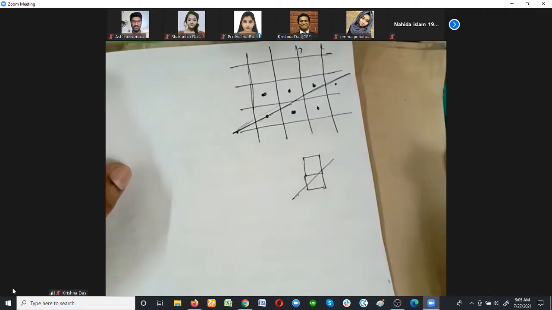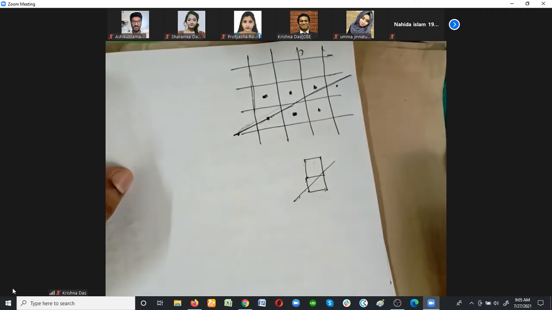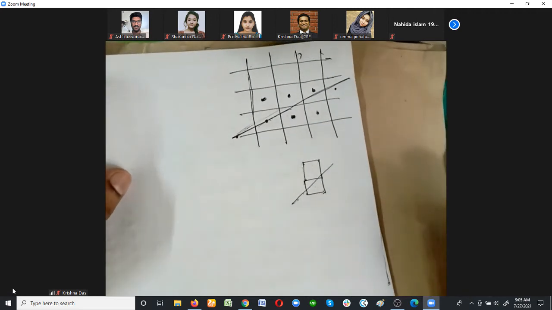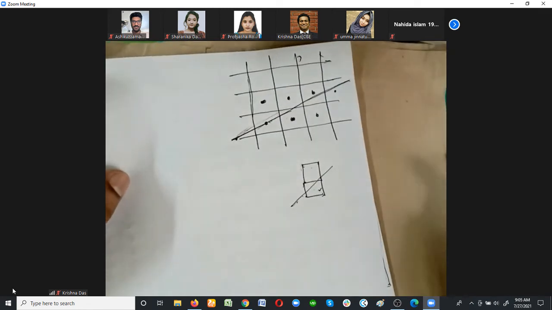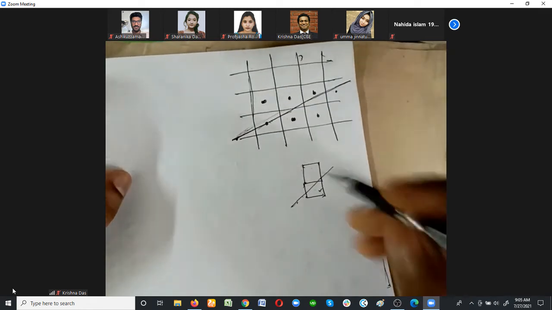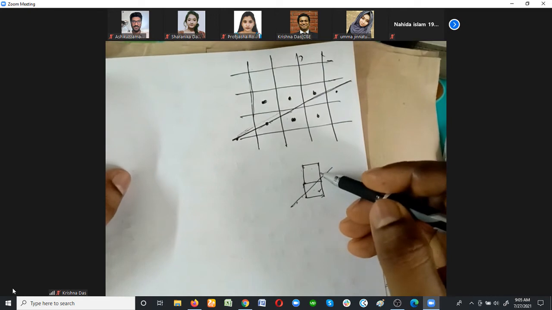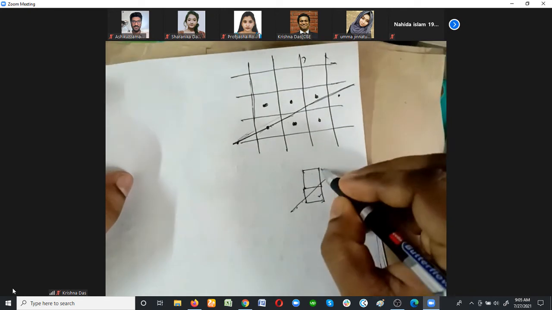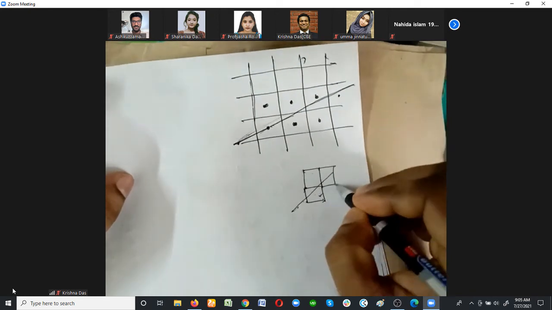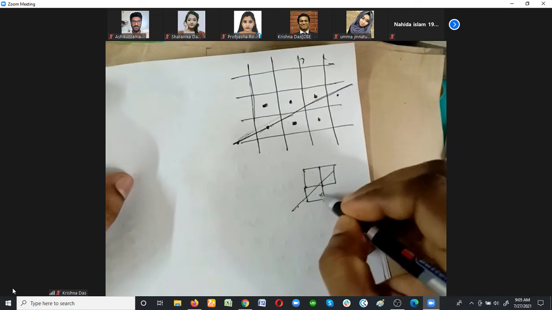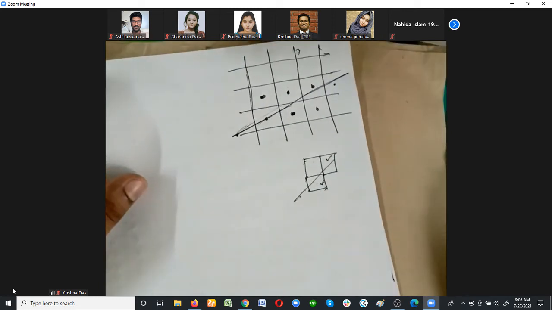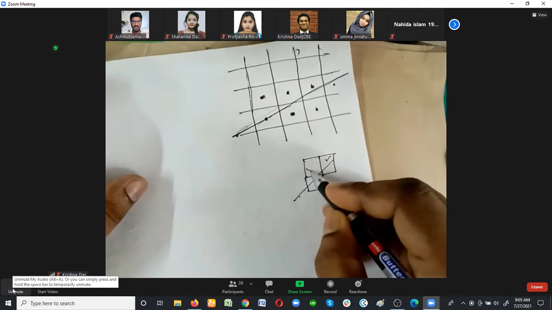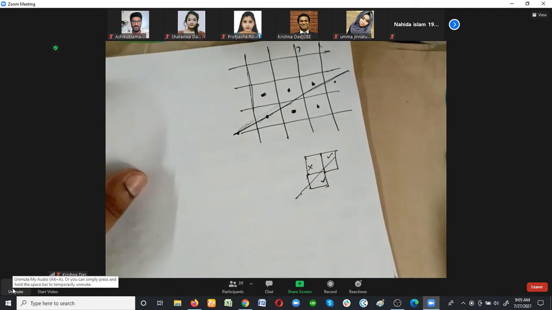If the computer wants to consider, which one should they consider? Definitely this one, right? Because the line is going through most of its part. If you don't light up this one, then it will look better, because the next pixel that the line is going through will be lit up, this one will be lit up, right? But we don't need to light up this one. Do you understand? Yes, sir, got it.